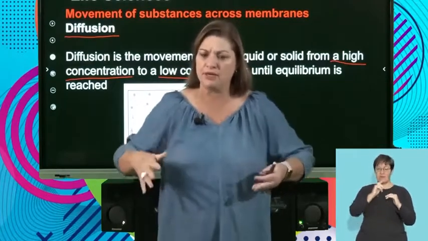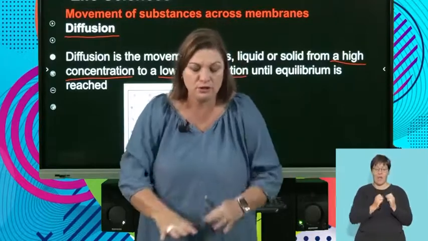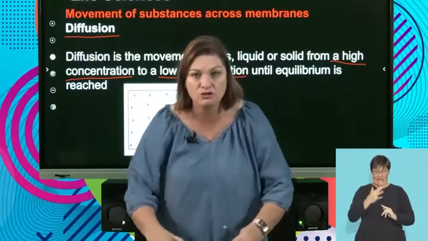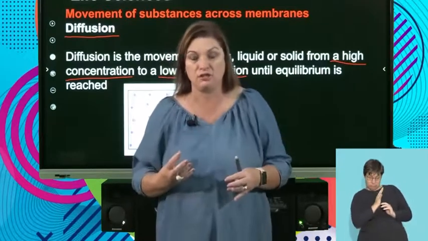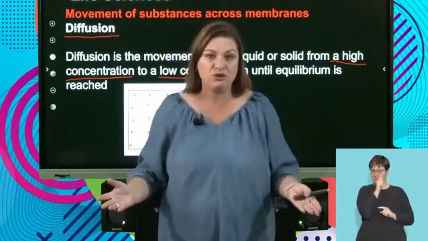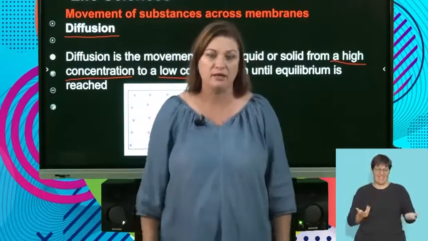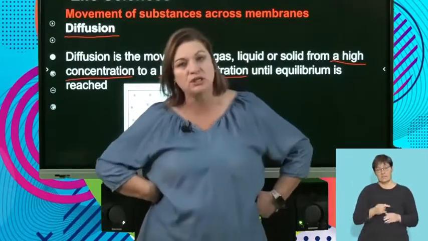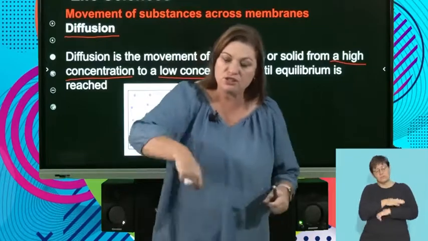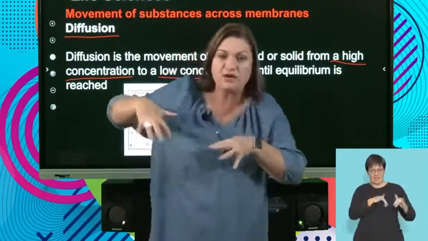Because the sugar has started to dissolve, and the sugar molecules have moved from a high concentration at the bottom to a low concentration at the top. Why do we stir? We stir the sugar just to make that process so much quicker, rather than me going, okay, let me wait, just now I'll taste it. So I stir it so I can get all my sugar to dissolve equally around here.